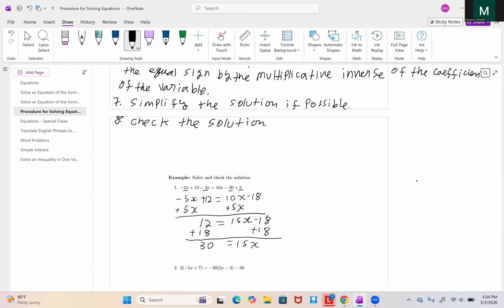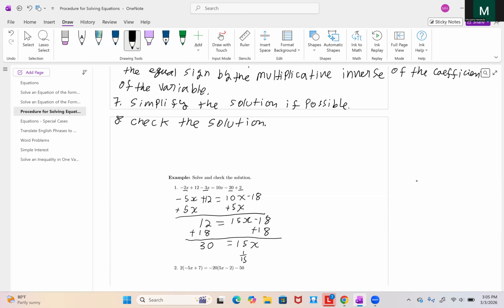We apply the multiplication principle and multiply both sides of the equal sign by the multiplicative inverse of the coefficient of x. The multiplicative inverse of 15 is 1 over 15.